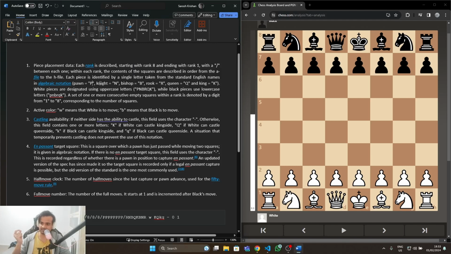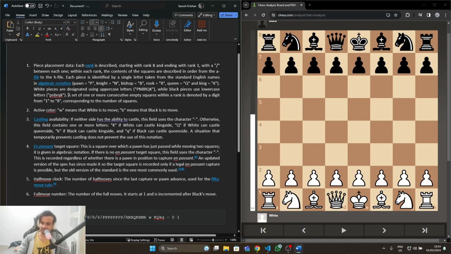The pawns are P's, knights are N's, because knights cannot be K's, since what would the king be? The bishops are B's, rooks are R, queen is Q, and the king is K. White pieces are designated using uppercase letters, and black pieces use lowercase letters. I'm sorry, that's how it works. I mean, why do the black pieces have to be lowercase? But that's how the notation was written.